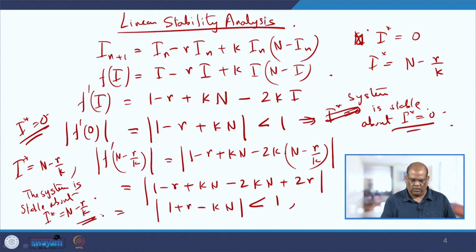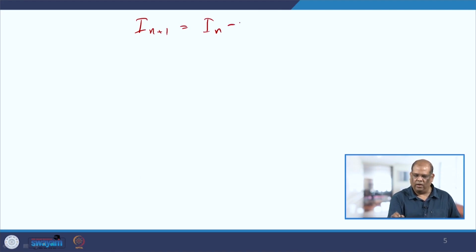Now, let us see the solution numerically. So, once the stability analysis is done, let us find the value of k. So, you have the model I n plus 1 is equal to I n minus r times I n plus k times I n into n minus I n.